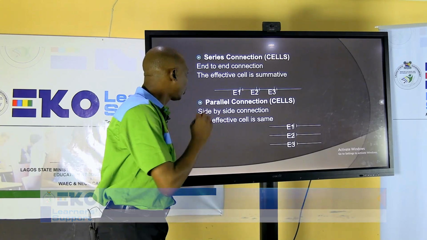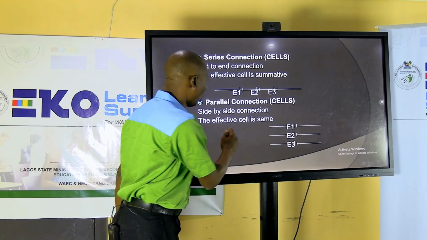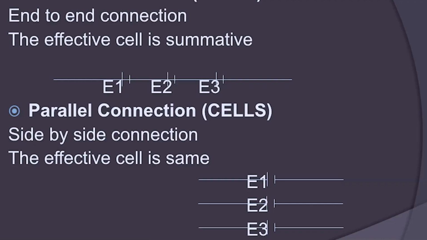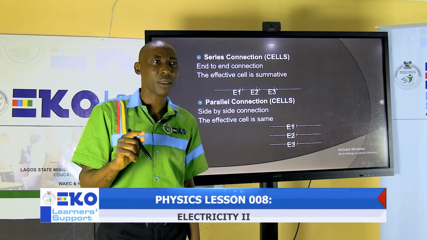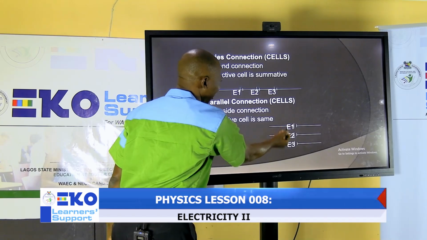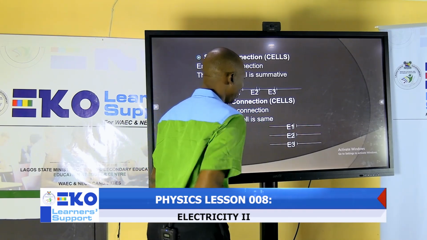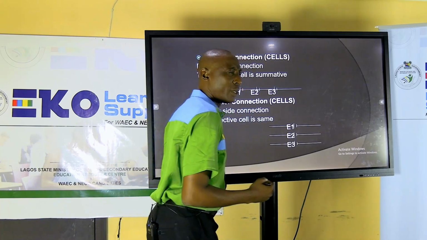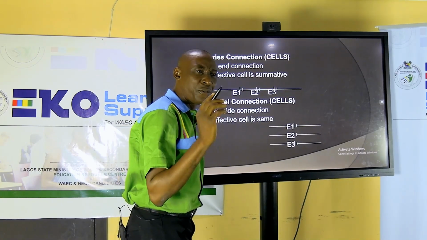We also need to know that when it comes to parallel, even though they have 3, it's just 1 they share. So the effective cell is the same. It does not matter, it could be 3, it could be 4. Like we have on the board, we have 3. So if E1 is 2 volts, E2 is 2 volts, and the EMF of cell 3 is also 2 volts, what is the effective EMF?